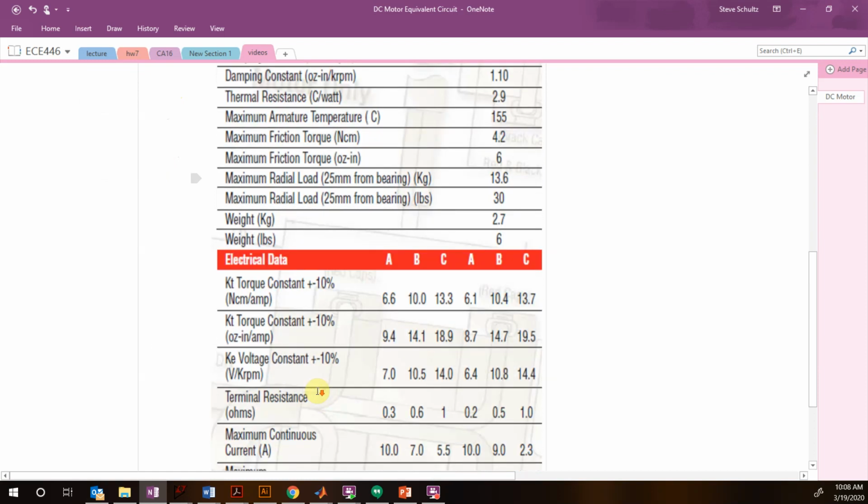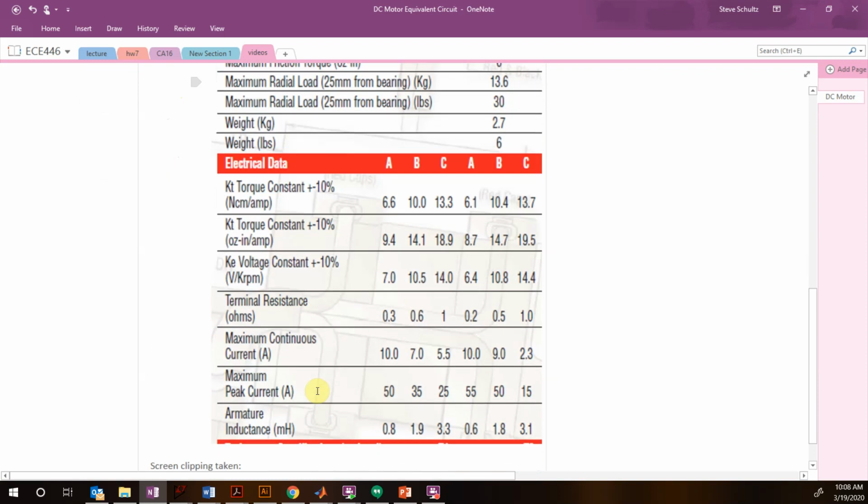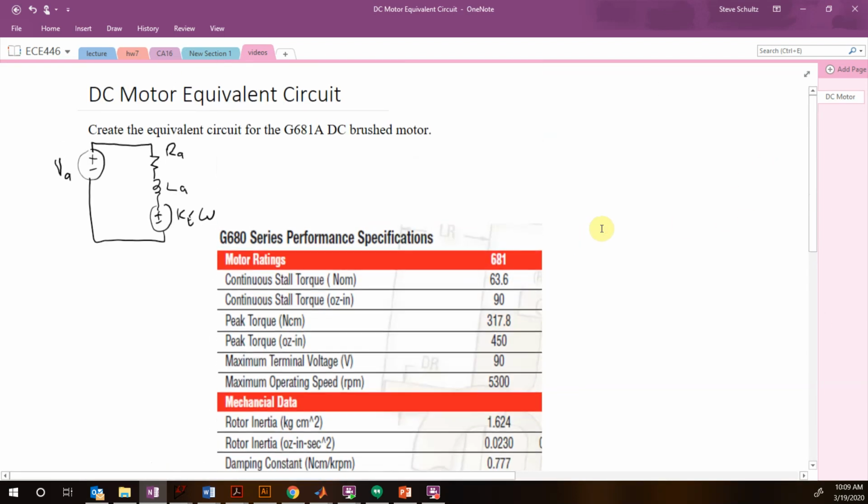So we scroll down here, and here is our terminal resistance. They have different windings, so we have the A, B, and C. We're grabbing the A, so this is what we want right here. So this is our RA right there. So we could put that in as the 0.3.